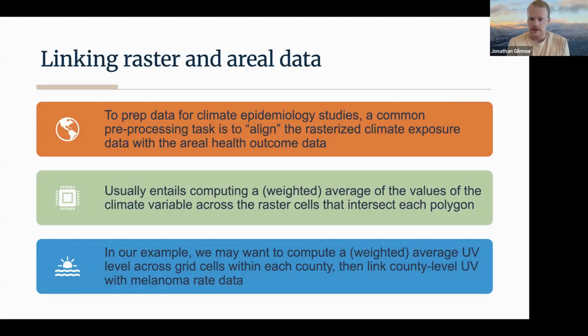To do this, we usually compute a weighted average of the values of the climate variable across the raster cells that intersect with each polygon. So here we may want to compute a weighted average UV level across grid cells within each county, and then link that county level UV with melanoma rate data. So we'll walk through this. That's a bit of a mouthful.